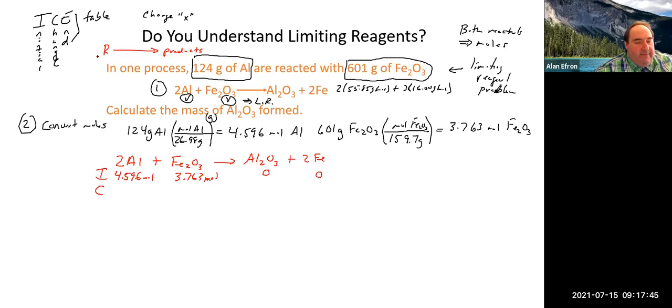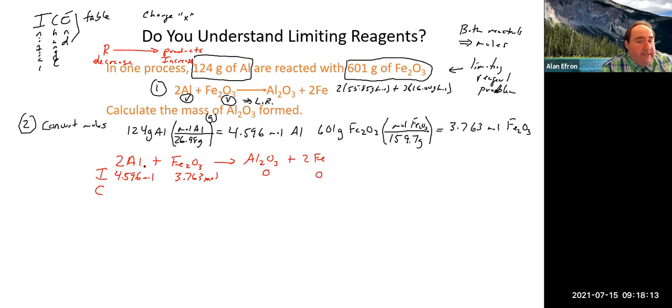Well, it means that if we assume this reaction is going from left to right, we would expect the amount of reactants to decrease, right? And we would expect the amount of products to increase, right? Considering we're starting with 0, there's nowhere else to go but up. And in order to make our products, we need to use up our reactants.